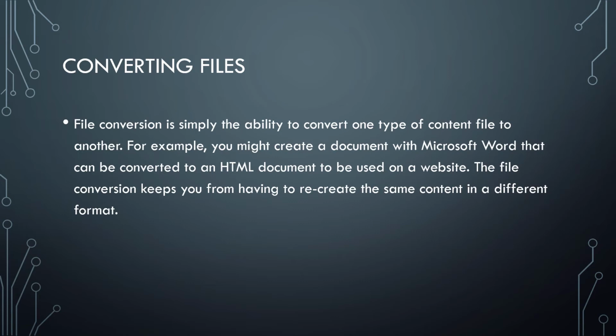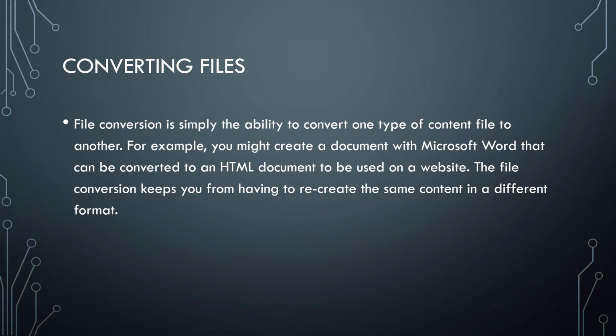That's very helpful, because you don't want to have to recreate content from one type of application to another. You don't want to create a Word file, that's a huge set of directions for some product, and then turn around and have to rewrite all of that to be used on the website. So you want to be able to convert files from one type to another.